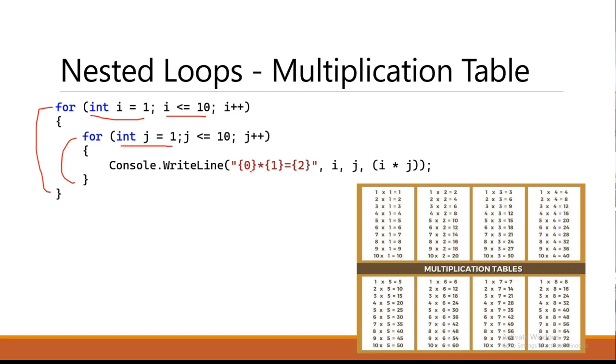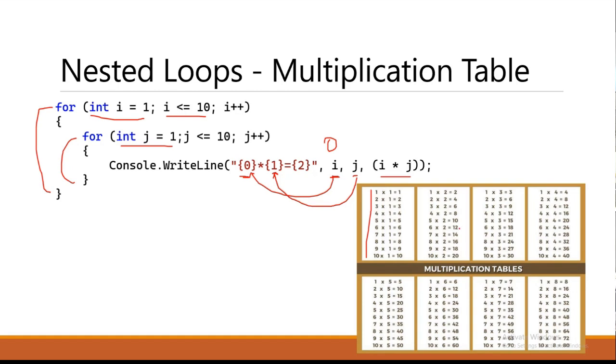Then here we can write like this: the 0, the first one, represents this I. It's like an index number. It is 0, and it will be shown here. And then 1 represents the J, and it will be shown here. And then it will multiply, and show this table. This is an example of nested loops.